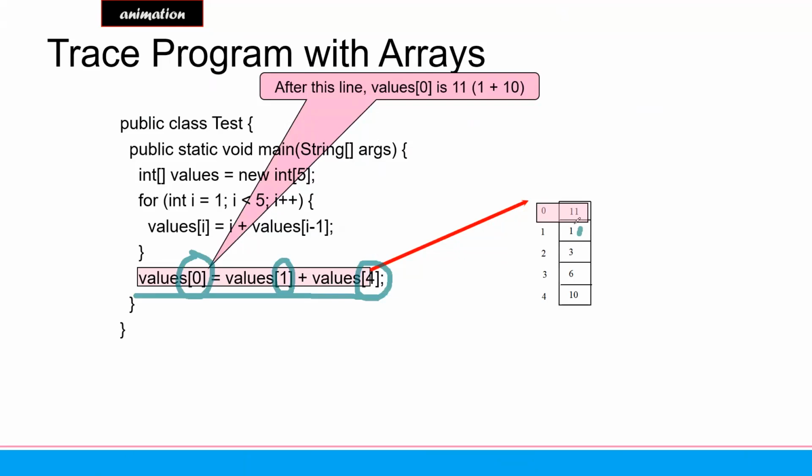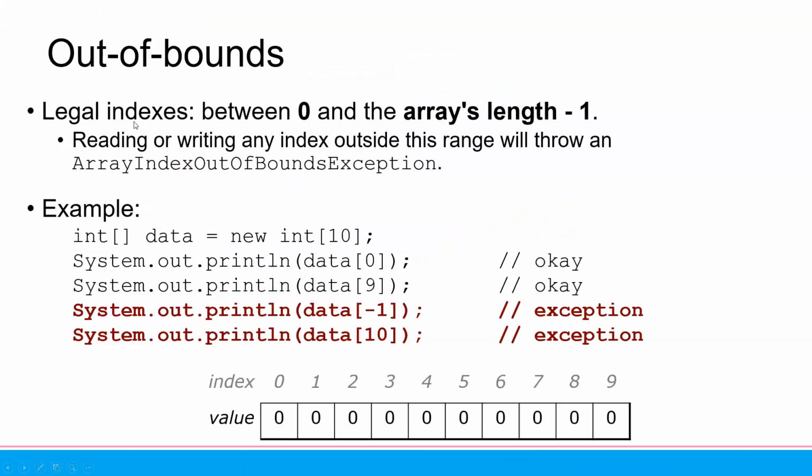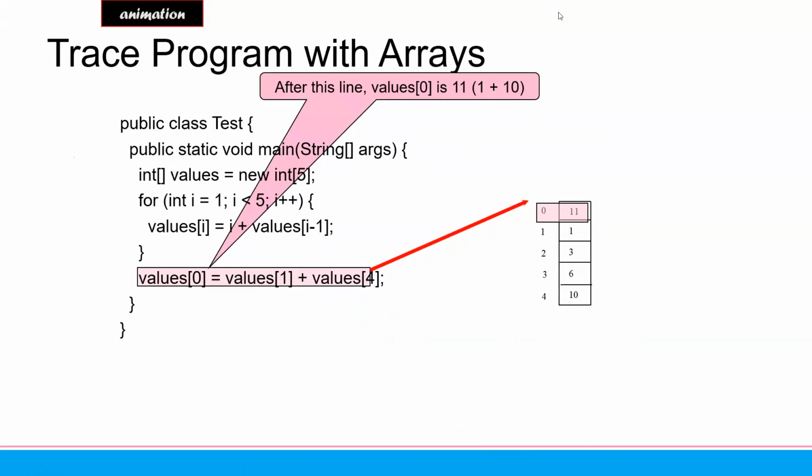Values index 1 is 1, and values index 4 is 10. And 1 plus 10 is 11. So we put it into the values in index 0. Then we finish. So the result of the array will be like this one.